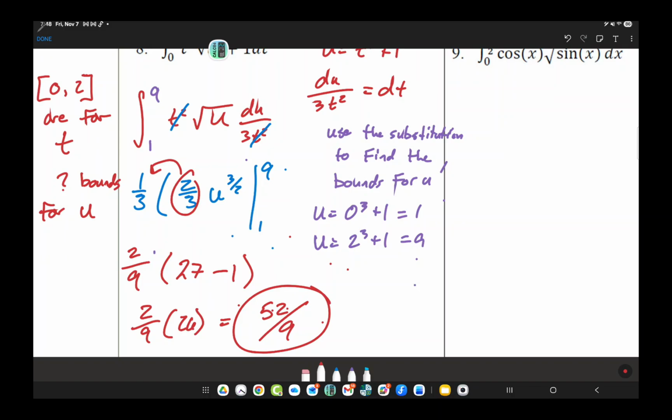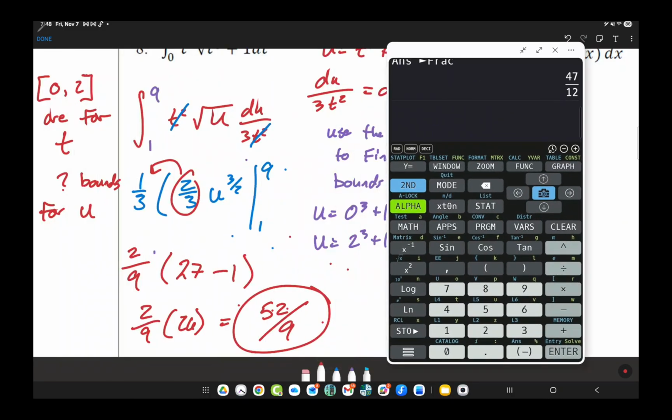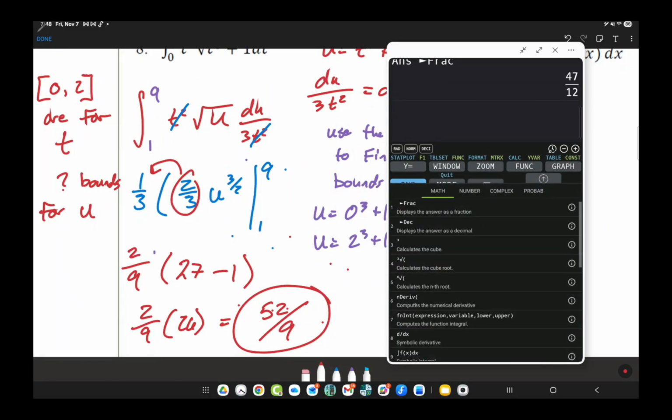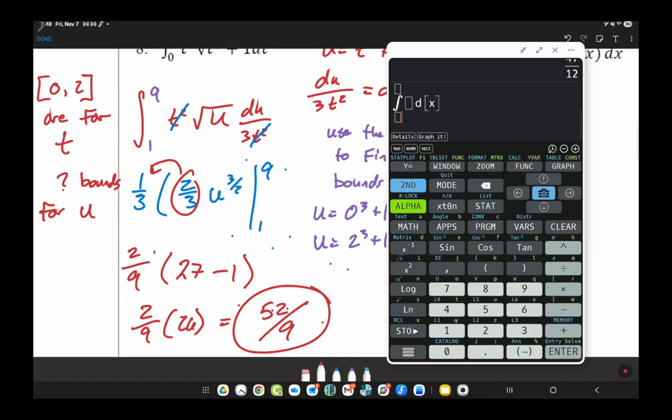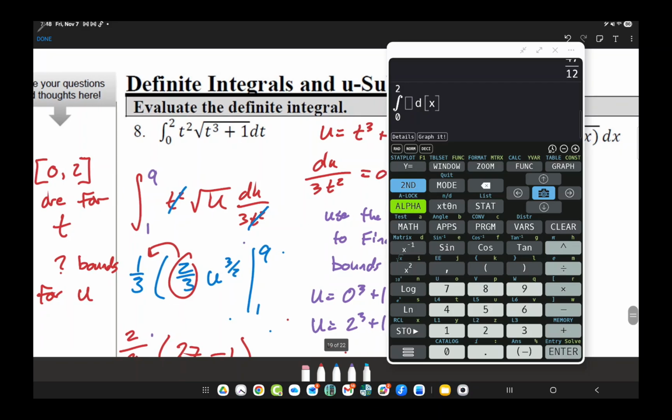And again, feel free to check your answer. Derivative from 0 to 2 of x squared square root of x cubed plus 1.